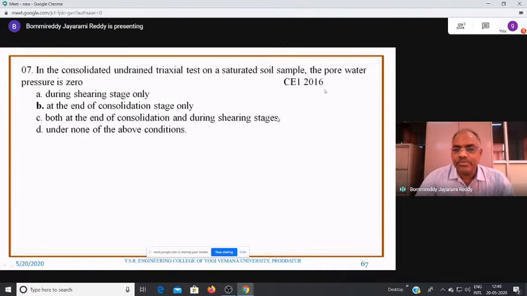So there are two stages for testing the specimen in a triaxial test: one is the consolidation process and the other is the shearing process. Consolidation comes first, and in the second stage, during shearing and failure, the pressure will be equal to 0.